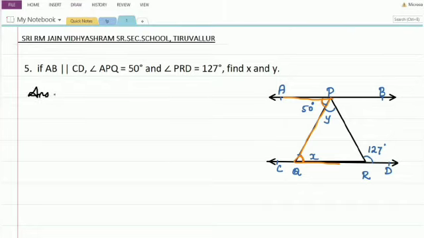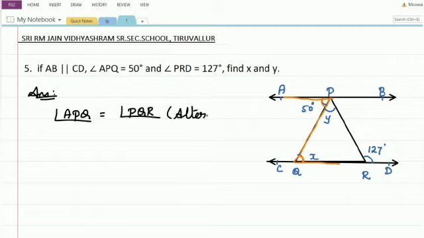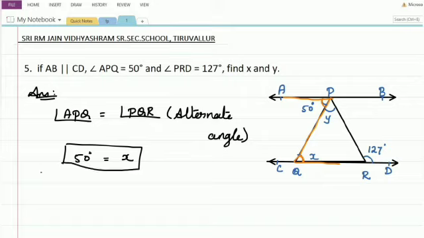So angle APQ equal to angle PQR because alternate angles are equal. So here I know APQ is 50 degree, which is equal to PQR, which is X. So therefore X is equal to 50 degree.